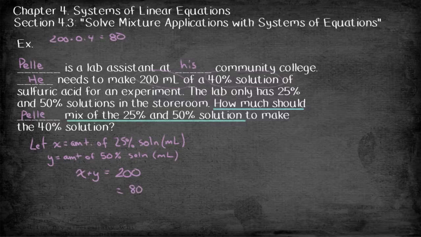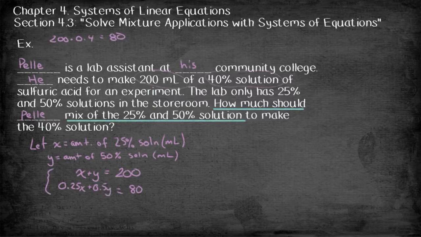So that can be our second equation, the amount of actual sulfuric acid. For the milliliters of sulfuric acid coming from the 25% solution, we would take 0.25, multiply it by x. And for the amount of sulfuric acid coming from the 50% solution, we would take 0.5 and multiply it by y. So there's my system.